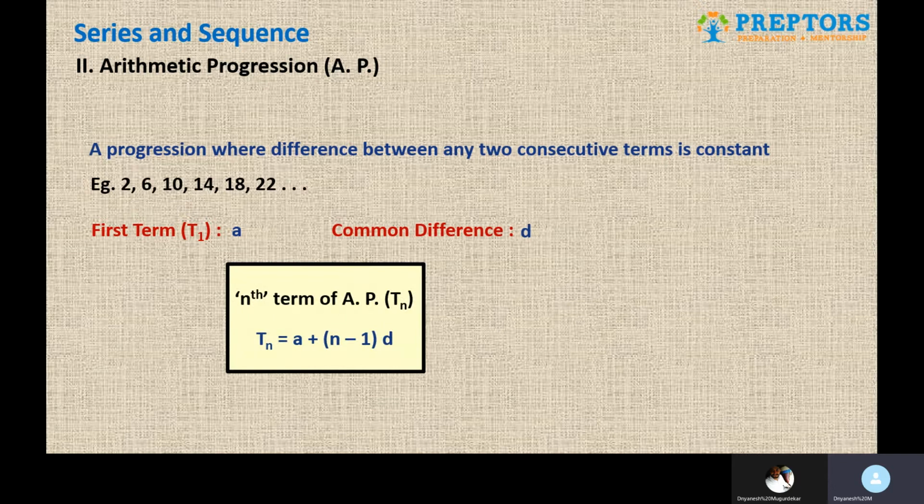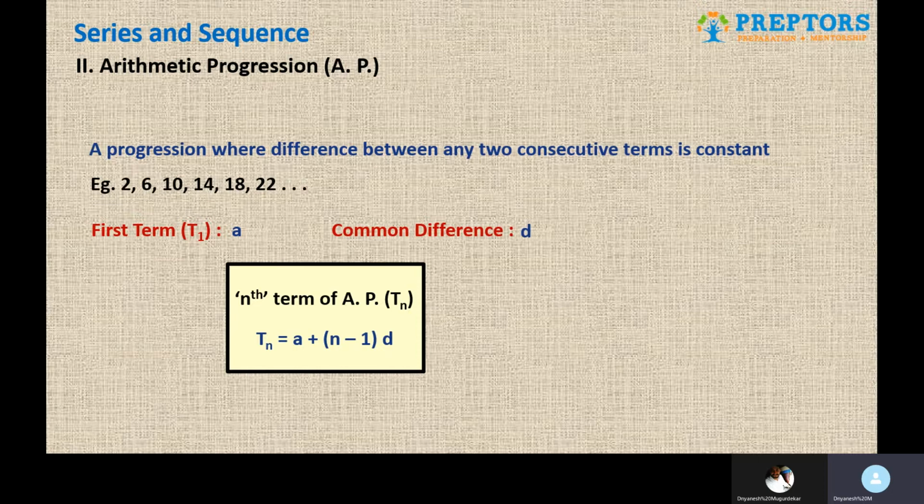So Tn for an arithmetic progression is given by this particular formula. If you know the series, you know a, and you know which term you are supposed to count, the 30th term, so you know the value of n, which is 30. And if you know the series, again you know the value of d.